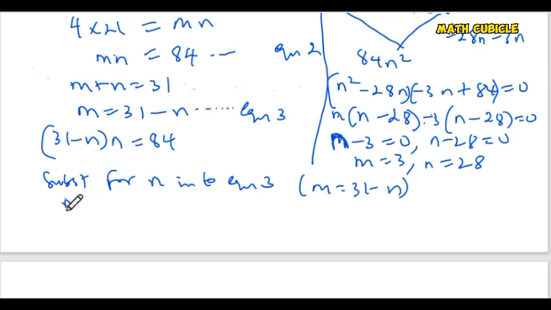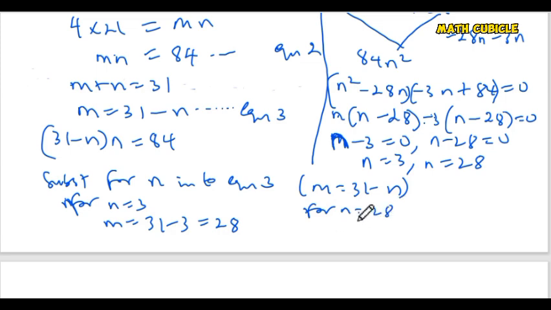So for n is equal to 3, this becomes m is equal to 31 minus 3. That's 28. And also for n is equal to 28, this becomes m is equal to 31 minus 28. That's m is equal to 3.